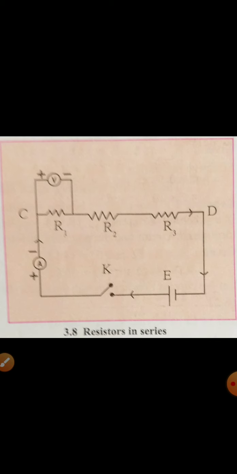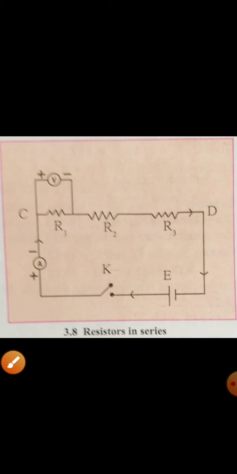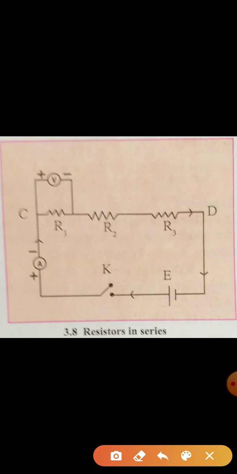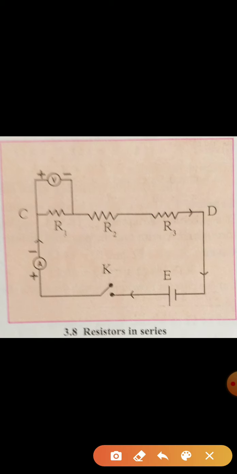Now in this figure you will see that CD is the conducting wire. The two terminals of the wire CD are connected with the three resistors R1, R2 and R3. So these three resistors are connected one after the other. Therefore, this system is called resistors in series.